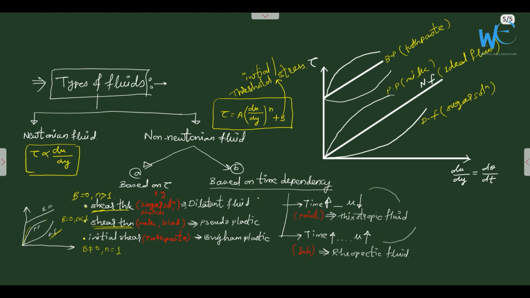And let's come to the classification based on time dependency. There are only two types of fluid, which is obviously if we increase the time. In the first one, their viscosity goes down. And if we increase the time and simultaneously their viscosity goes upwards, then it is called a rheopectic fluid.